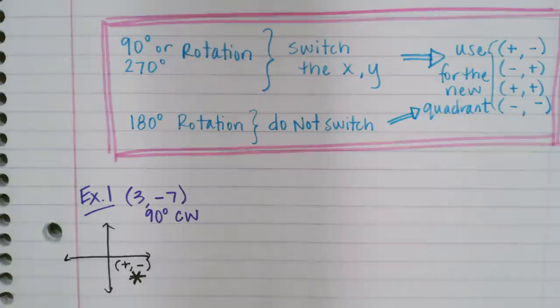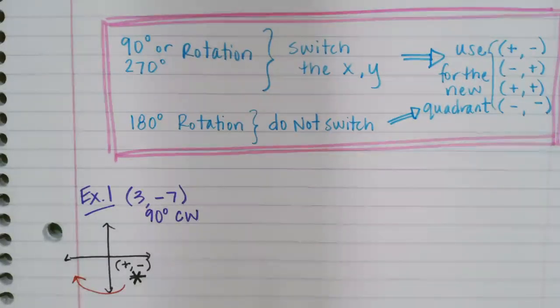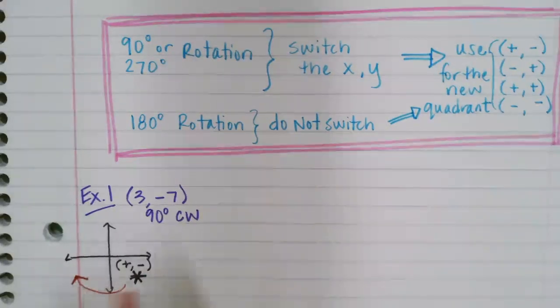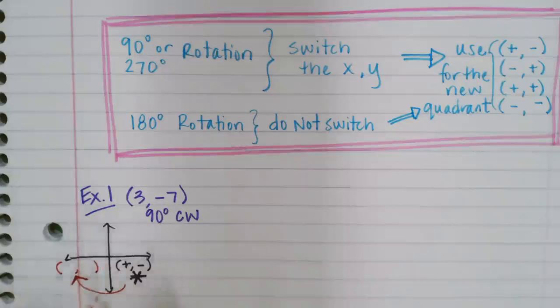All right, so now I'm going to rotate 90 degrees clockwise, which means that I'm going to go one quadrant the way the clock moves. So I'm going to move over here. If I move this point over here, now my new point should be negative, negative.